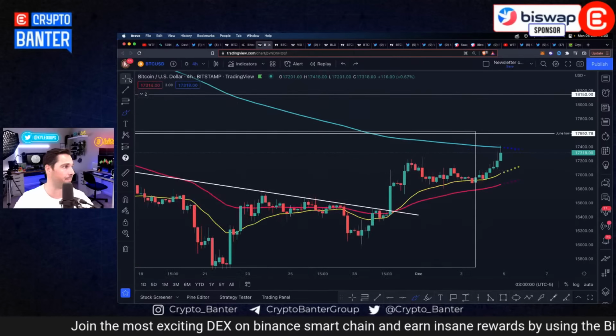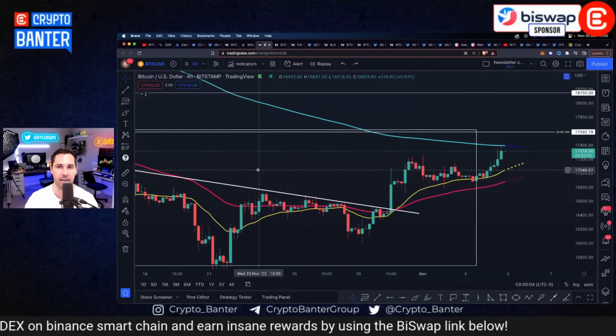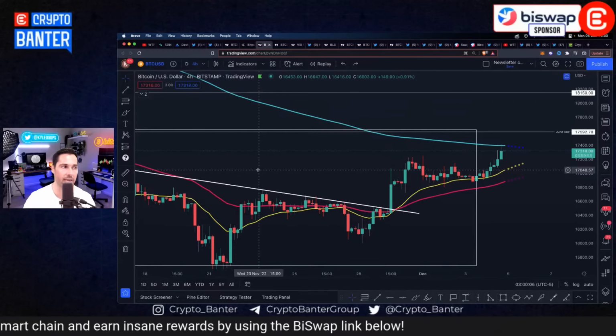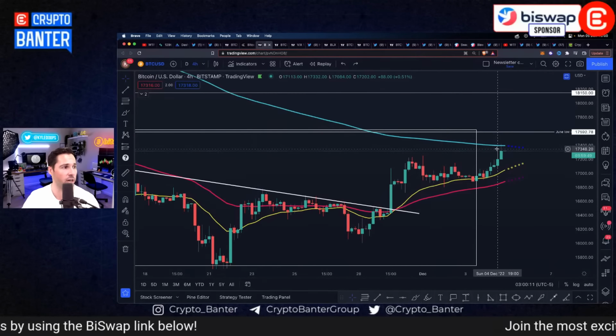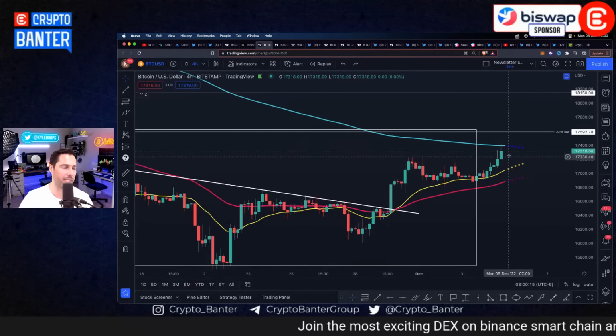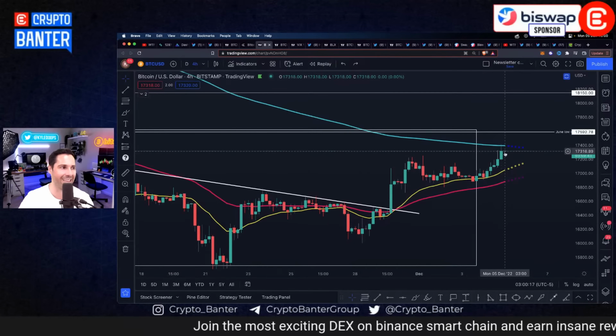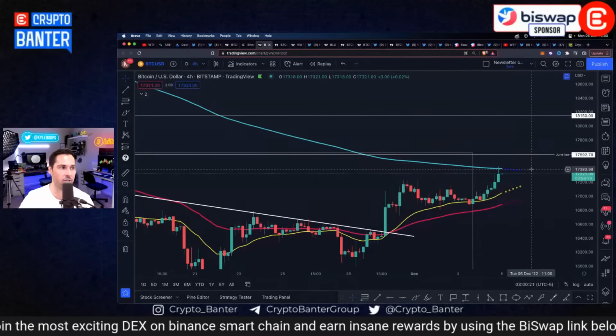What does that mean? That means that if you are already in a long trade, it's probably worth holding it. Maybe you cut off 50%, take your profit into this moving average, and then leave the other 50% with a tight stop loss in the possible scenario of a continued grind into the resistance.